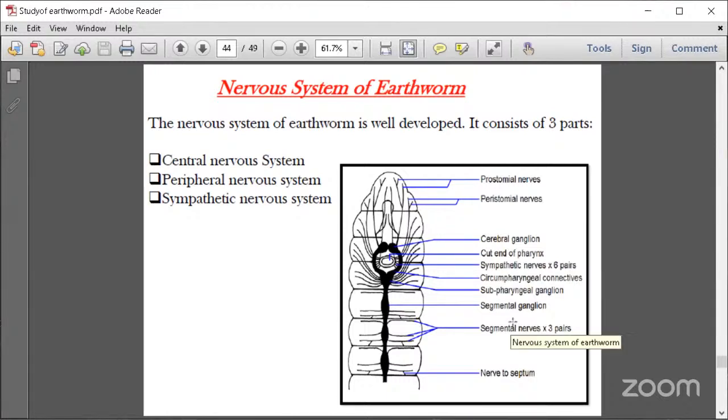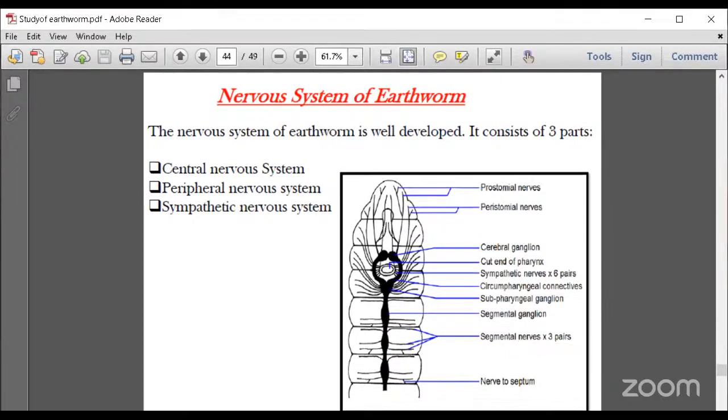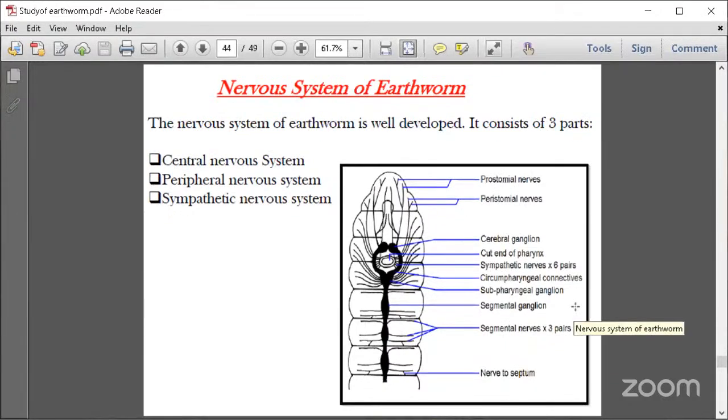Then the peripheral nervous system: those nerves which arise from different parts of central nervous system are called peripheral nervous system.